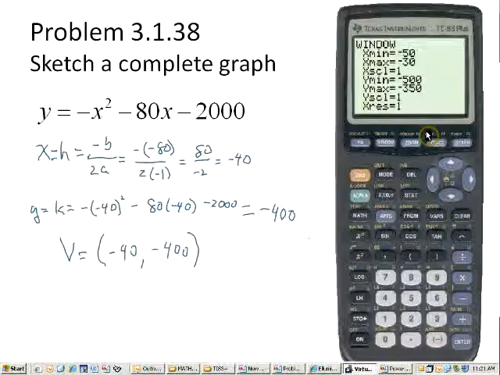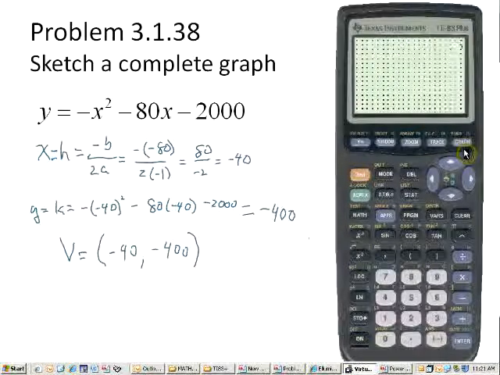This time I'm going to change the scale. The difference between our y min and our y max is 150. And if I don't want too many tick marks, let's just make that, say, 10. And let's see what the graph looks like. Maybe I need to make some adjustments, but let's look at that graph now.